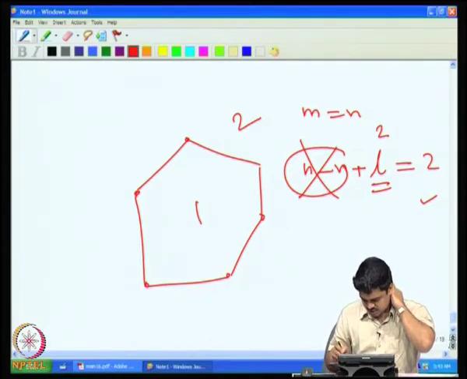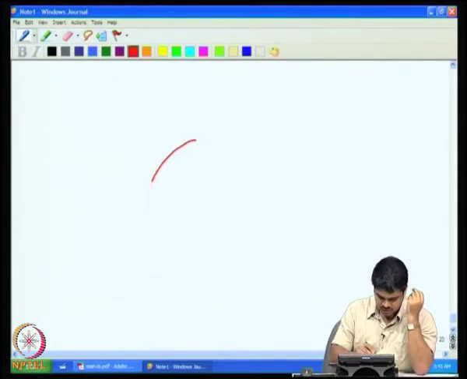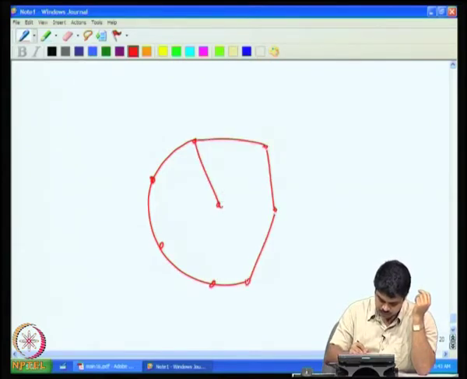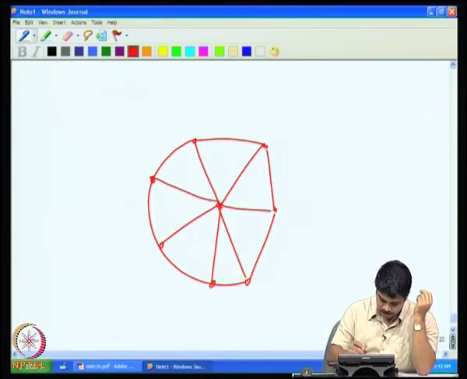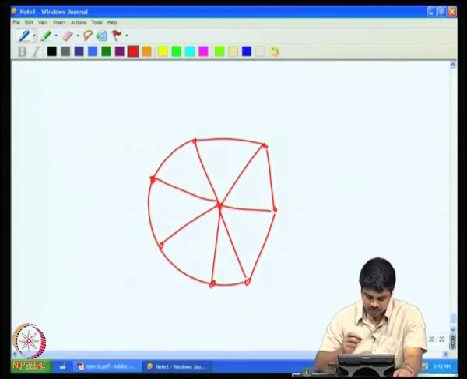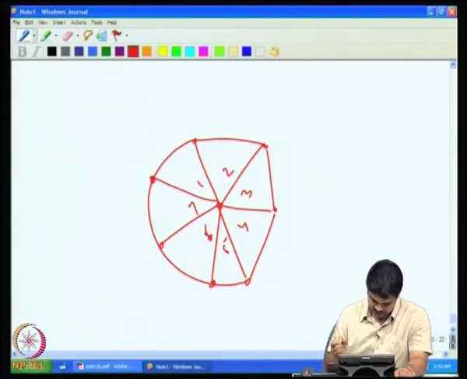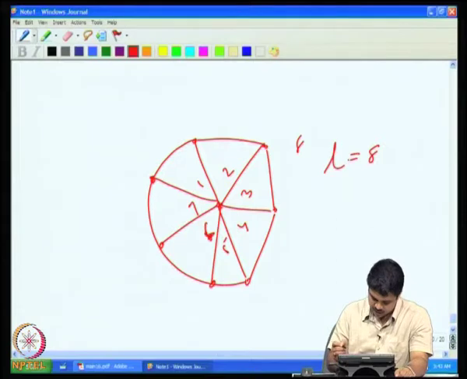We can try some other examples also. For instance, we can consider a wheel graph. Here there are essentially 1, 2, 3, 4, 5, 6, 7 faces, plus 1, so 8 faces, l equals 8.